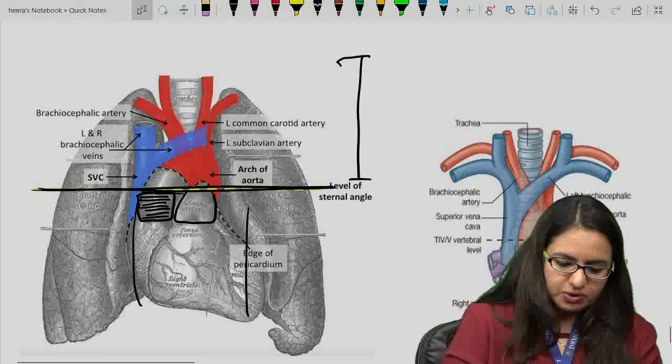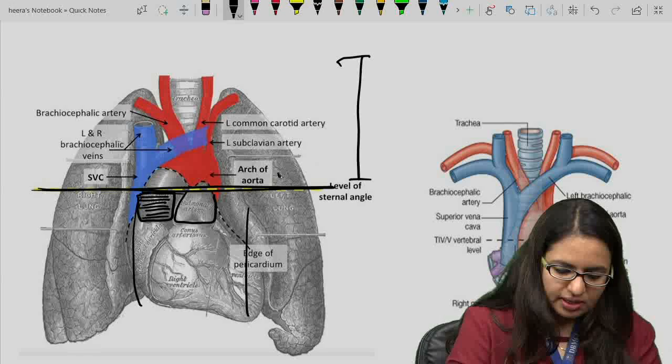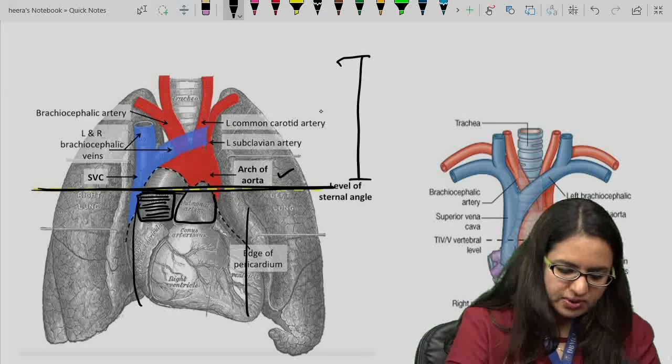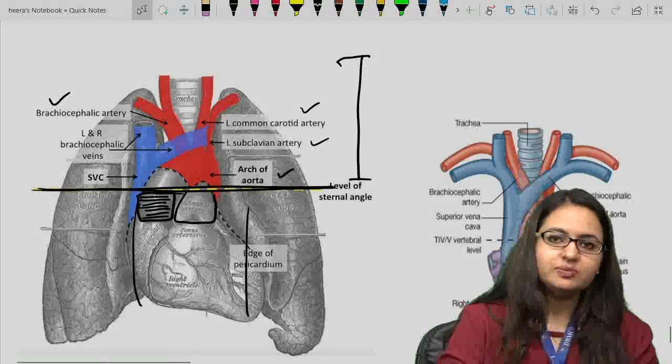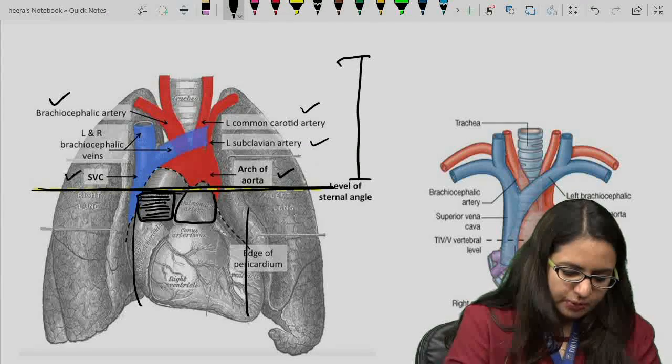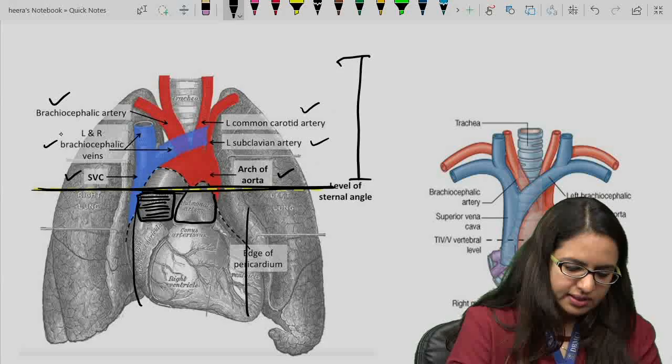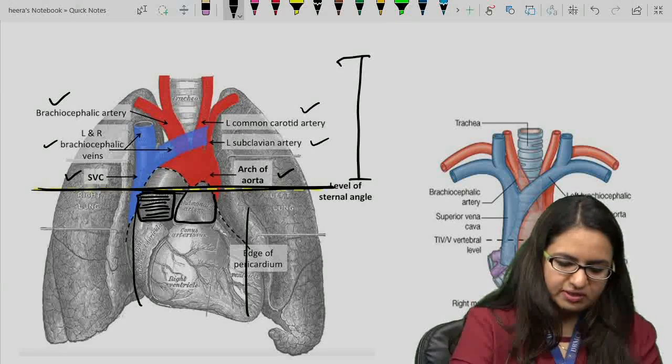The contents of the superior mediastinum include the arch of aorta along with its branches, that is the brachiocephalic artery, the left common carotid and the left subclavian artery, along with the upper portion of the superior vena cava and the right and left brachiocephalic veins.